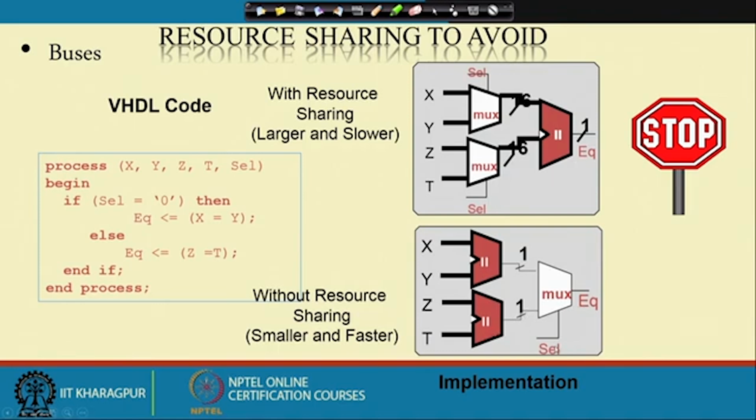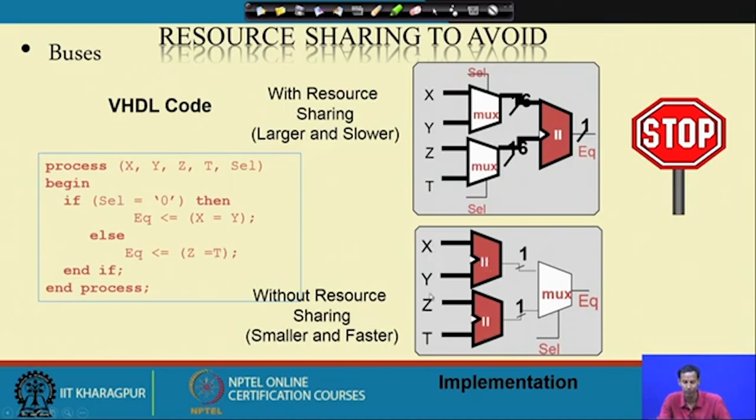If select equals 0, then it will select this particular line. If select equals 1, then it will select this particular line. So, what do I need here? If I consider this bus, at that time what is happening? I am requiring one 16 bit.